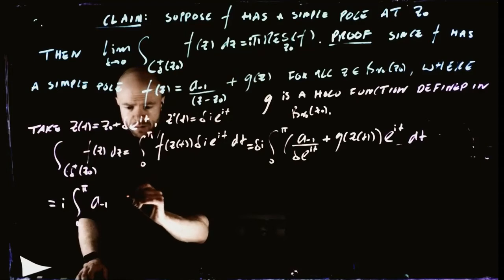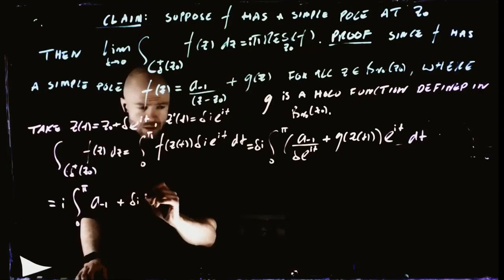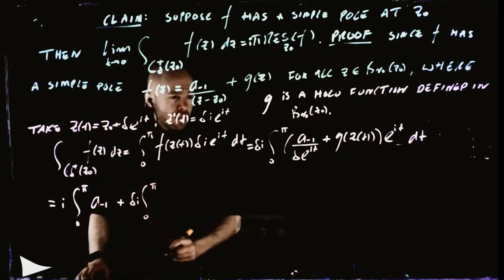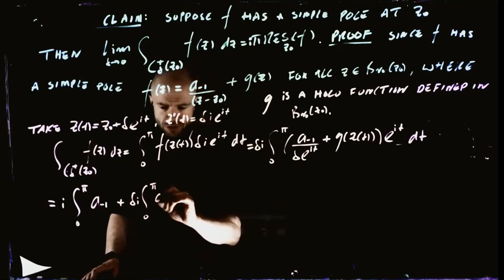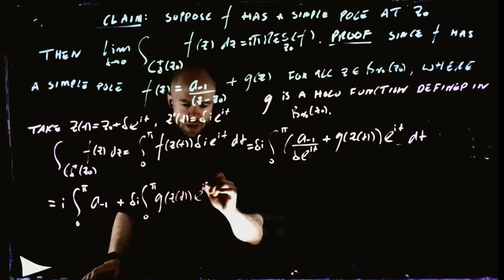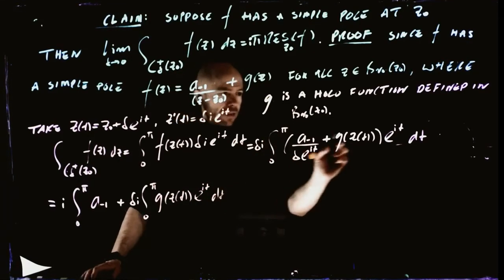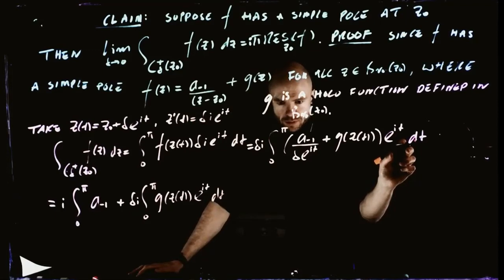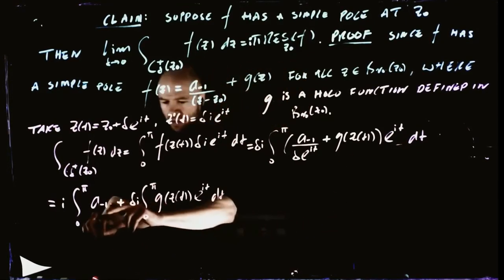And then the second part, we're going to have plus i integral 0 to pi of g of z of t e to the it dt. That's this, and then what is left?